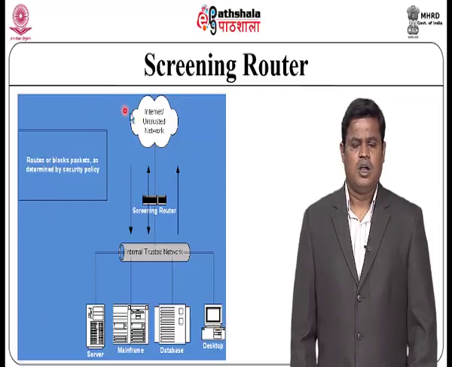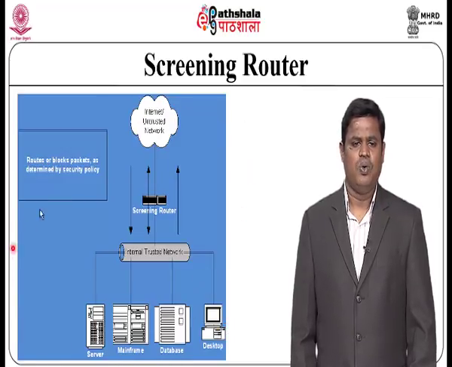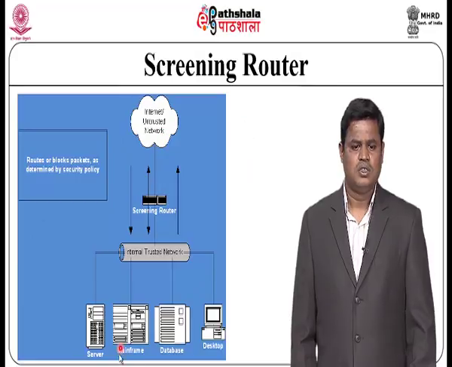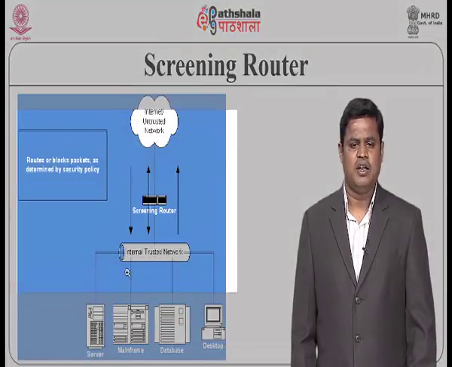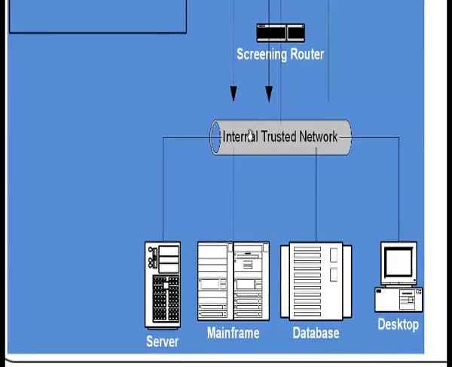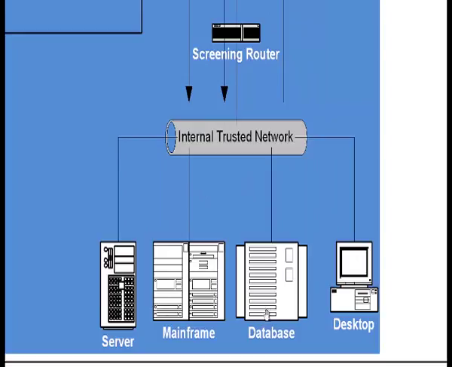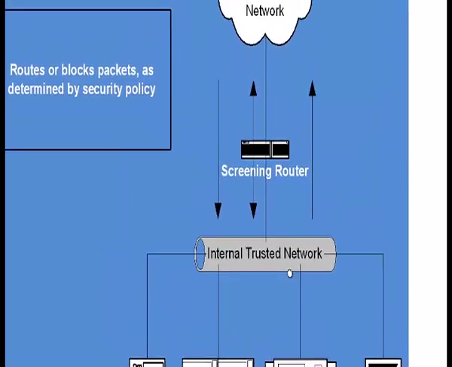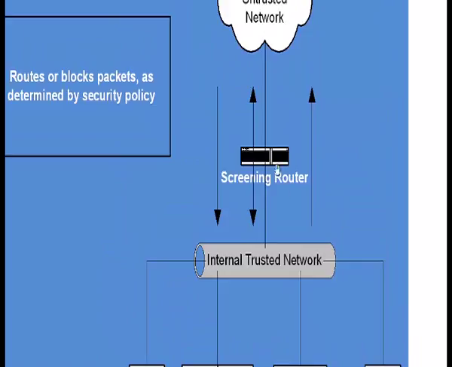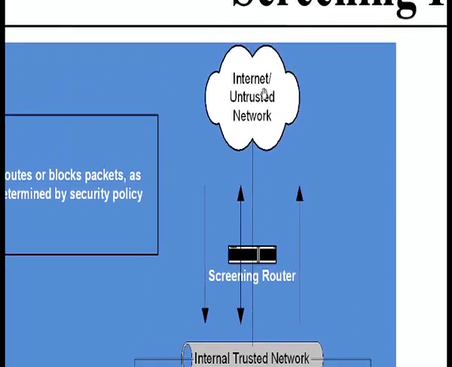So, here this is an overall view of your screening router. Here you can see our internal trusted network where I have a server, mainframe, database, a desktop. In that I will have one router which is connecting to my internet or untrusted network.